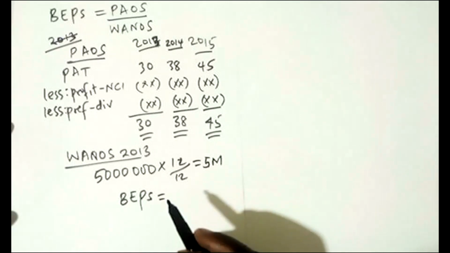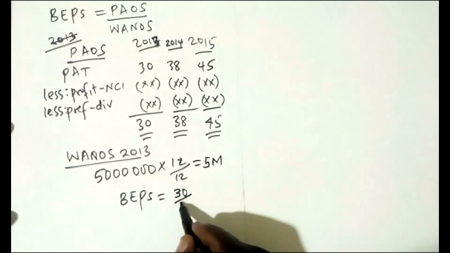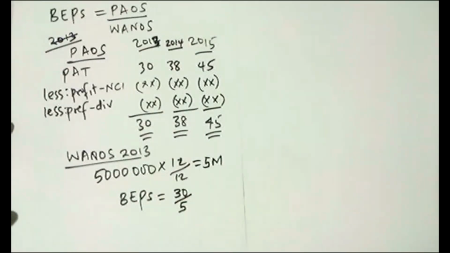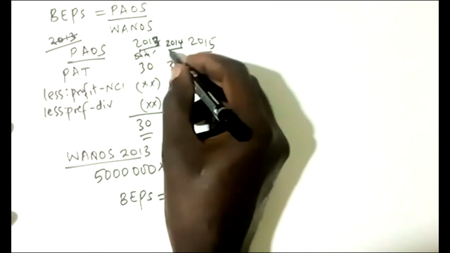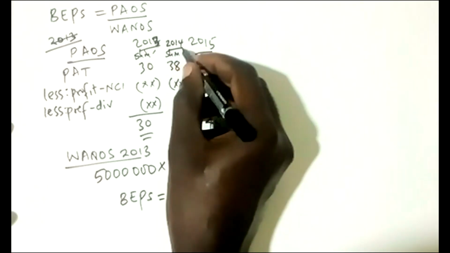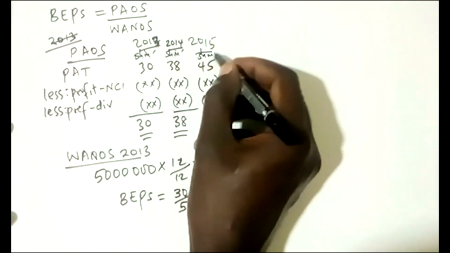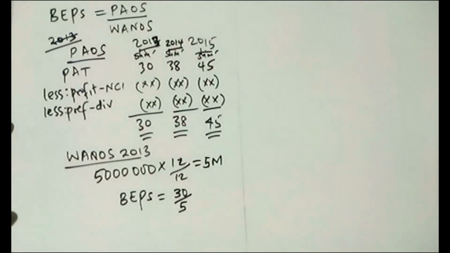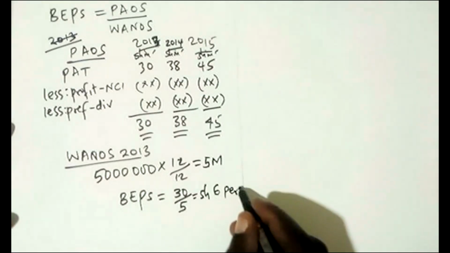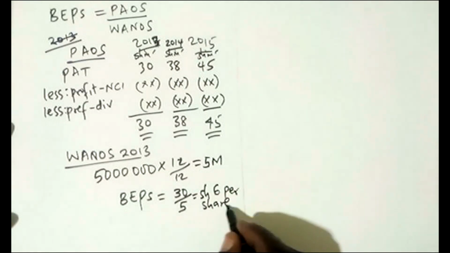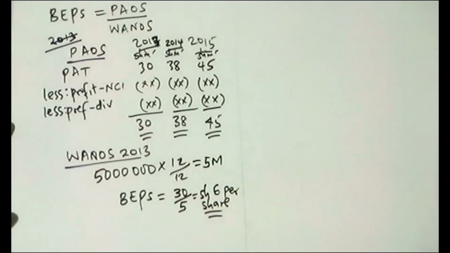The basic EPS for 2013 would be 30 divided by 5. Remember that this is in terms of millions. That is why I've reduced my figure for WANOS to millions. So this one will be shillings 6 per share.